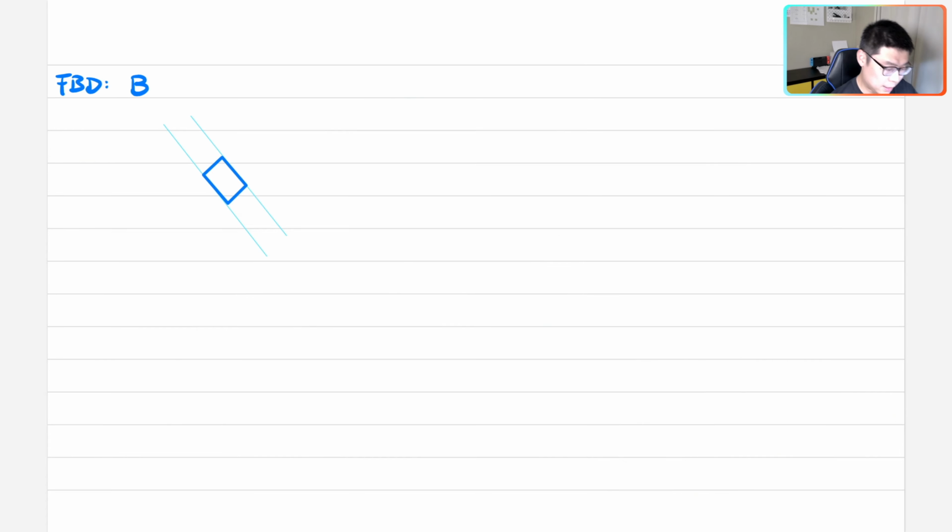For B, essentially there's only one force acting on it, which is coming from the bar. Let's call this force T. And this force T is making a 30-degree angle with the channel that B is sliding in.